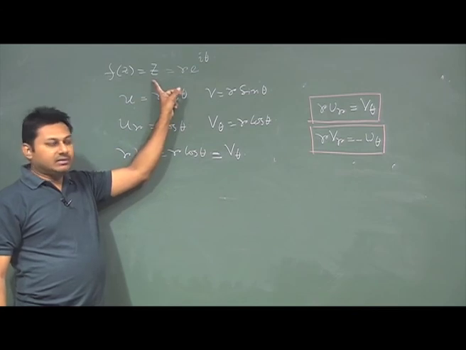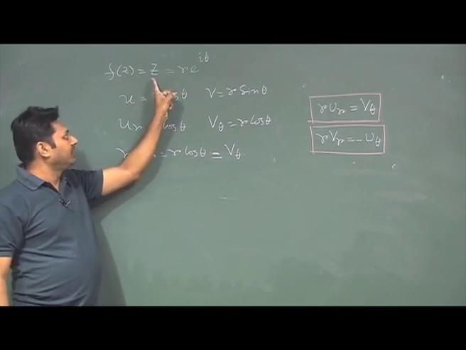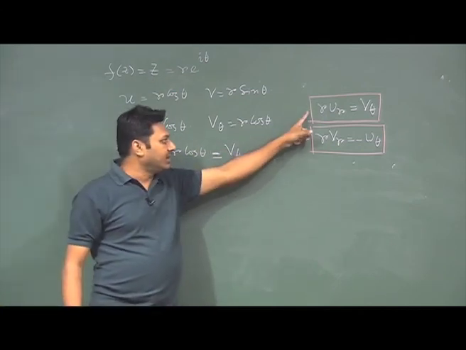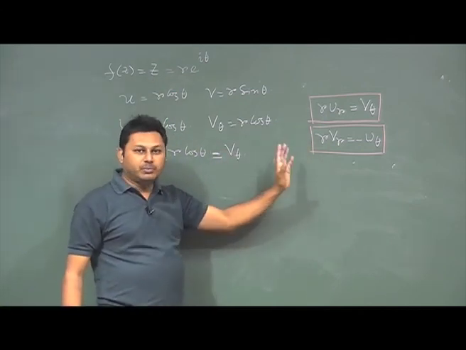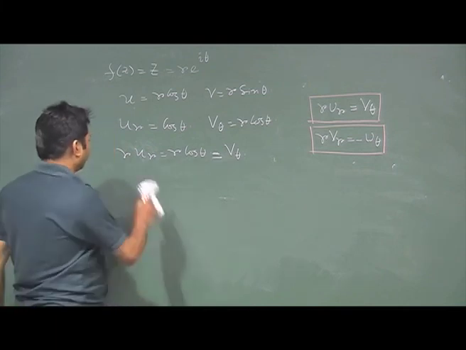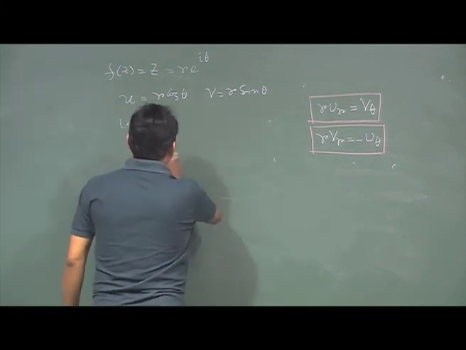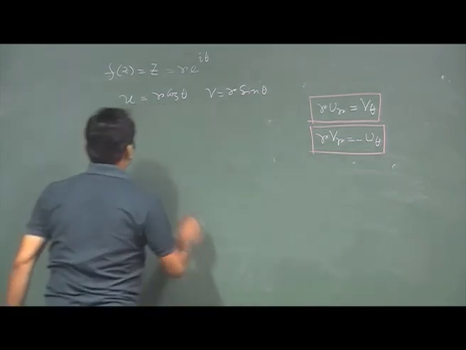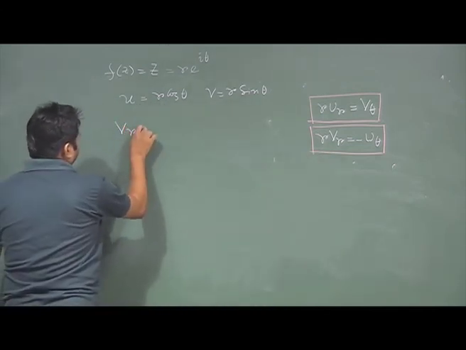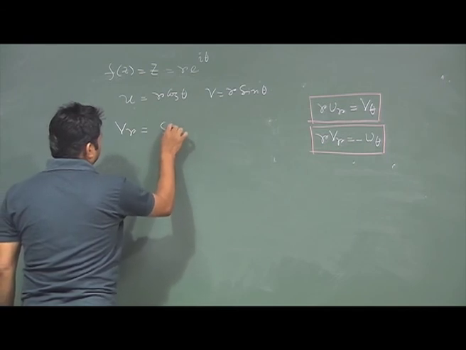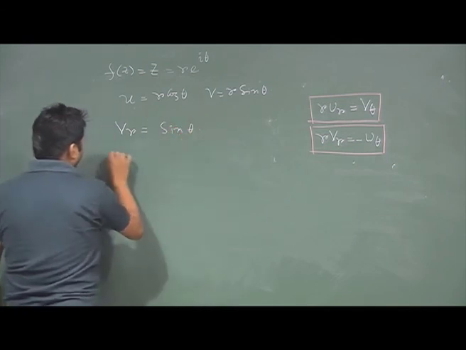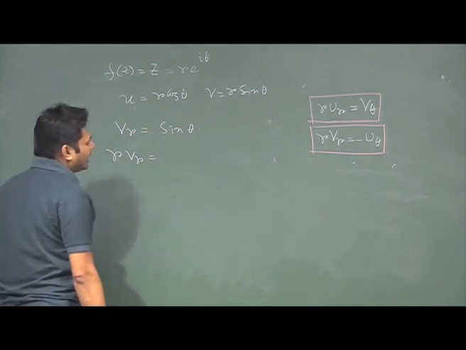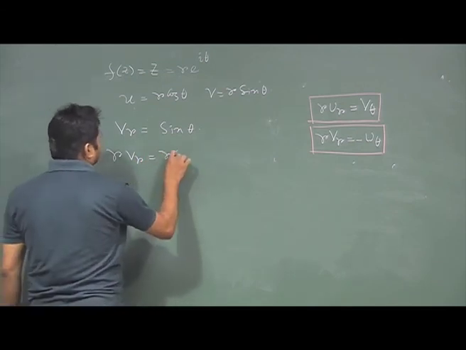So, z is the most simple function I am taking, because it is an analytic function. If it is an analytic function, whether they are satisfying this Cauchy-Riemann equation in polar form or not, I am taking this as a polar form. So, first thing I check. What about the second one? Is r V r equal to minus u theta or not? So, V r is sin theta. r V r is r sin theta.